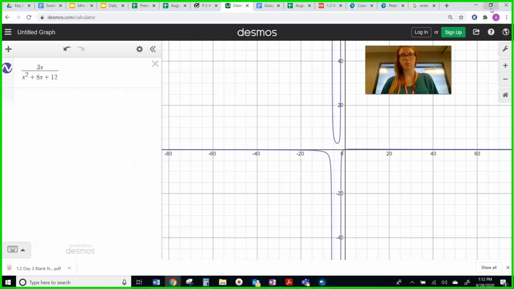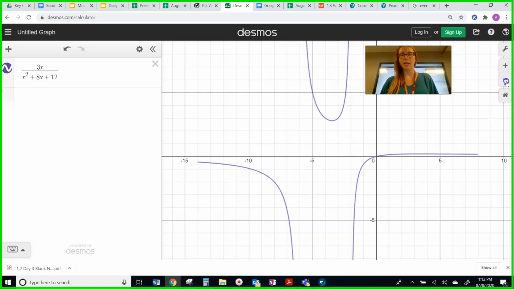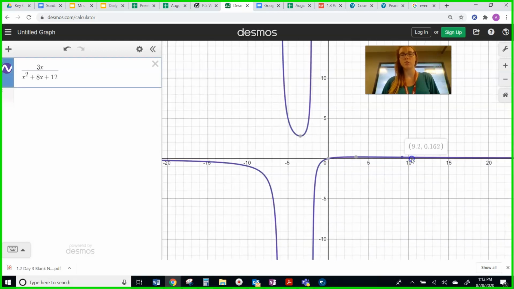Actually, I'm just going to make it bigger. Okay. So we can find our horizontal asymptote first. And the weird thing about this one, which happens sometimes, is it kind of jumps over it and then gets closer to it. As I drag this along over here, you can see it's getting closer and closer and closer to 0, even though it jumped over 0 here. And that does happen sometimes.